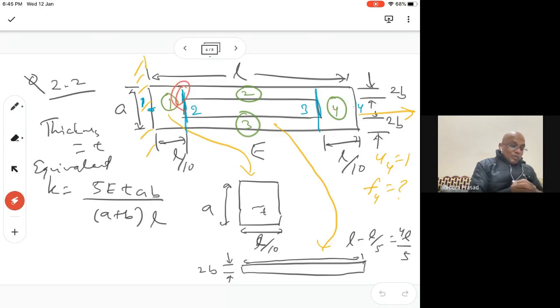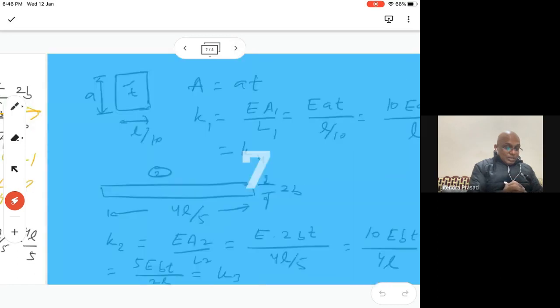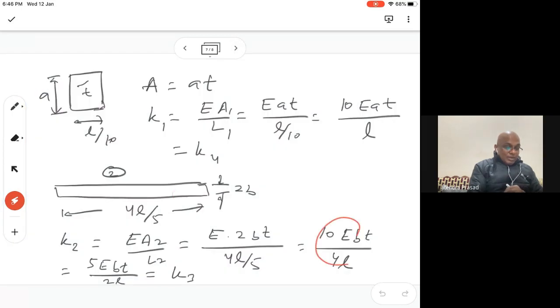Now from 2 to 3 and 2 to 3, both of them are from 2 to 3 only. This means you actually add the stiffness, because both are added.